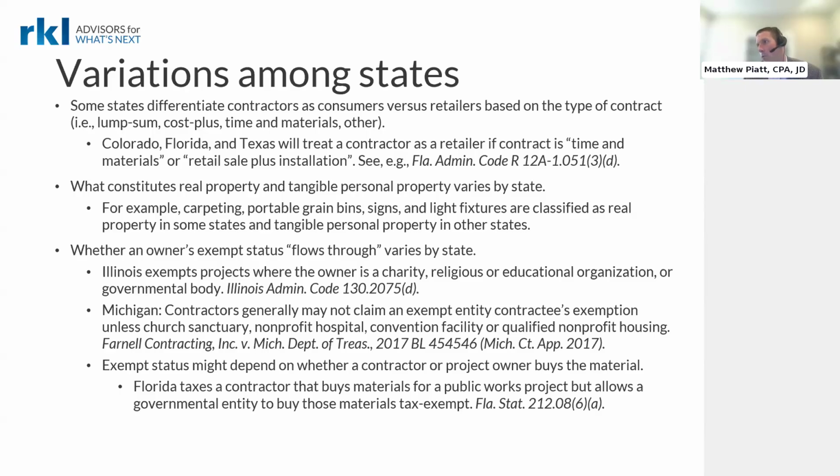Michigan, contractors generally may not claim an exempt entity's exemption unless you're dealing with a church, a nonprofit hospital, a convention facility, or a qualified nonprofit housing. We see that play out in this Farnell contracting case. These are very detailed and aren't necessarily logical. But this is kind of how states have autonomy.